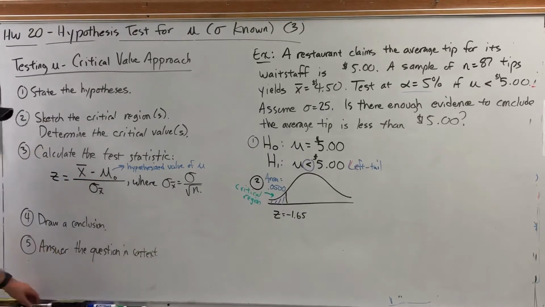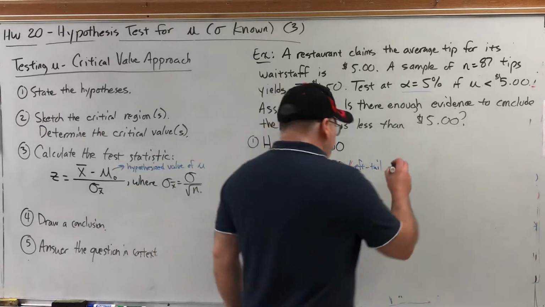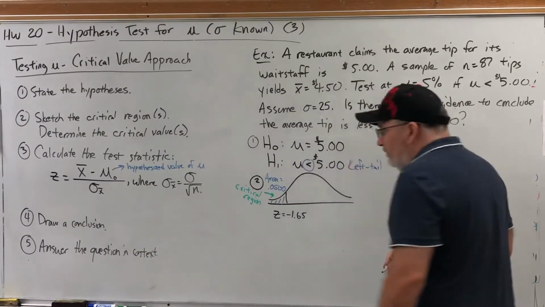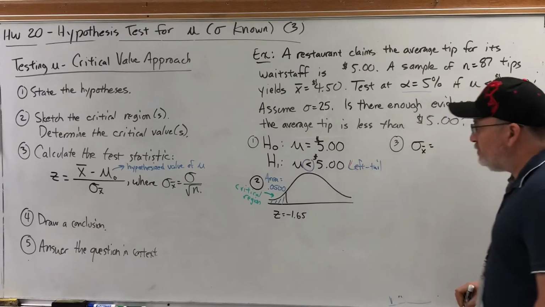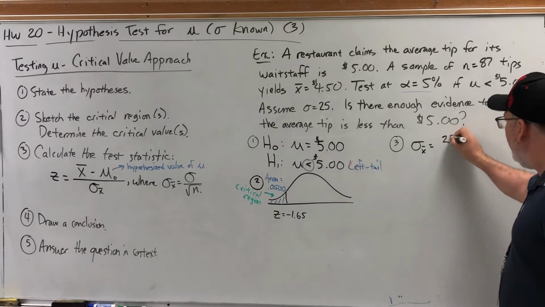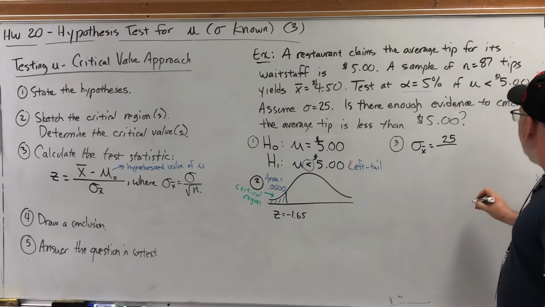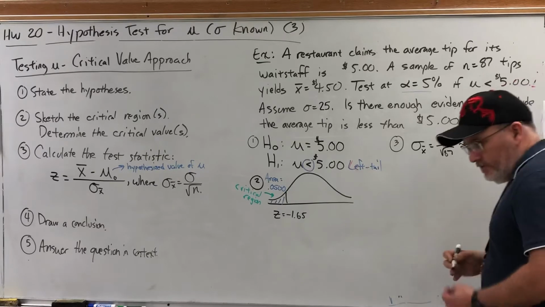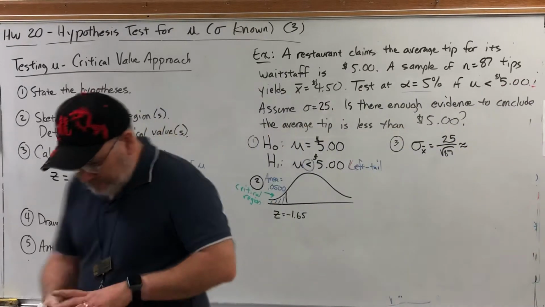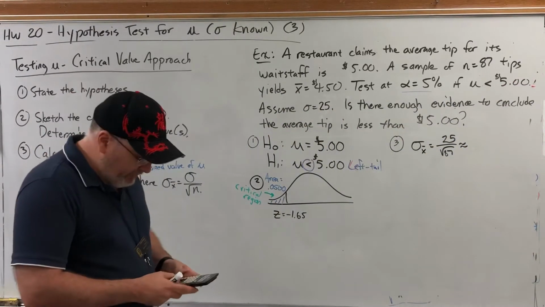So we've got a little bit of work to do for step 3, but it is just a little bit of work. First we need to figure out the denominator, sigma sub x bar. That would just be the standard deviation, which is 25, divided by the square root of the sample size, square root of 87. This will not come out cleanly, so we'll take it to 4 decimal places.